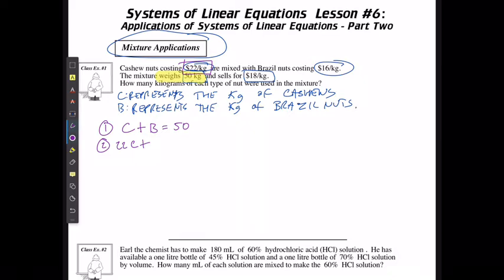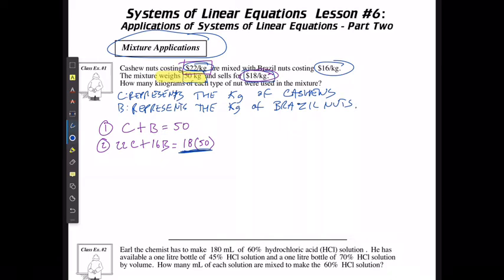For the Brazil nuts, it's going to be $16 per kilogram multiplied by the weight. And the last part that's really important is the total combined is going to be the average cost per unit, $18 per kilogram, multiplied by the total weight of the purchase, 50. This is the most important part we need to consider.